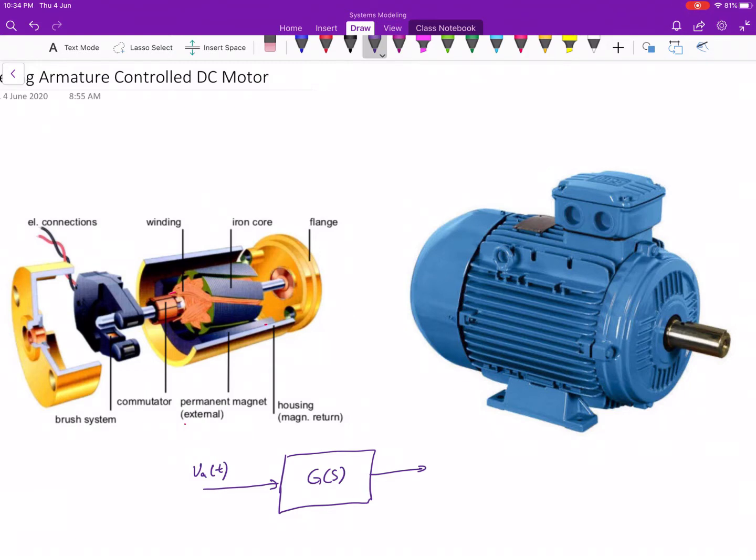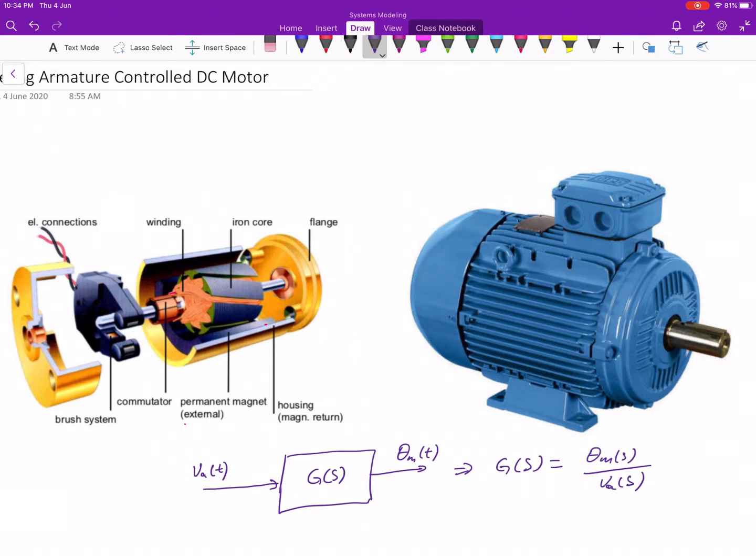When it spins, it's going to produce some displacement. So the output will be some rotation. This implies that we want our transfer function in this format: a rotation versus a voltage.